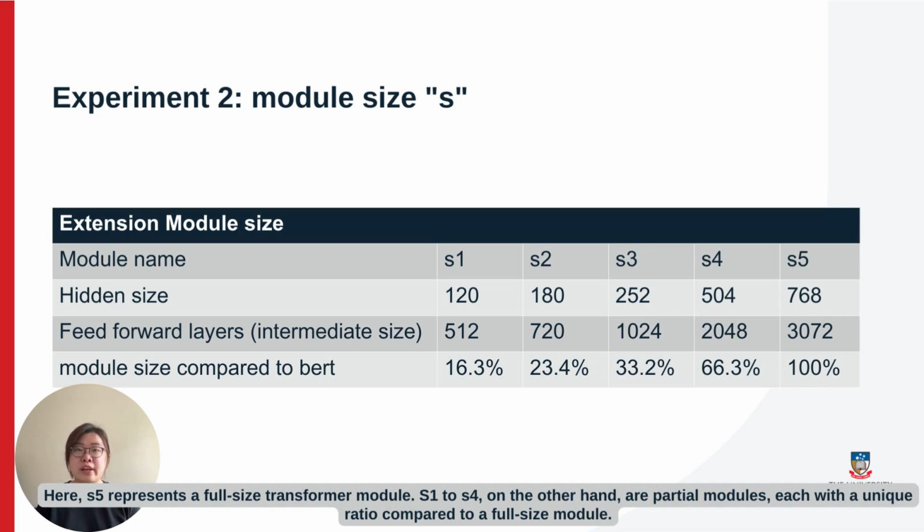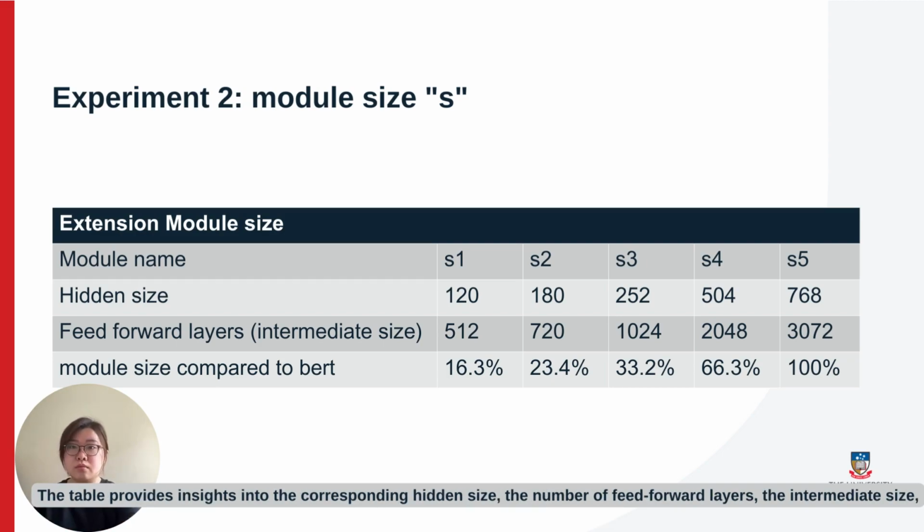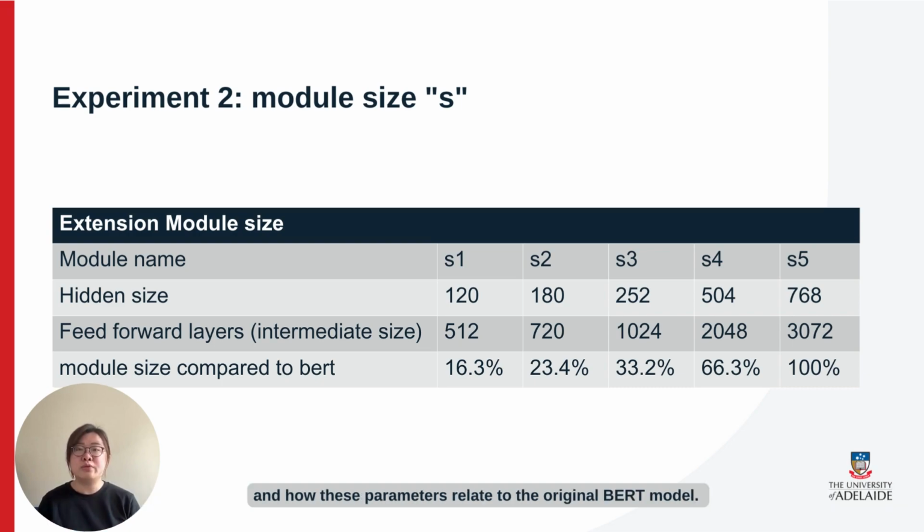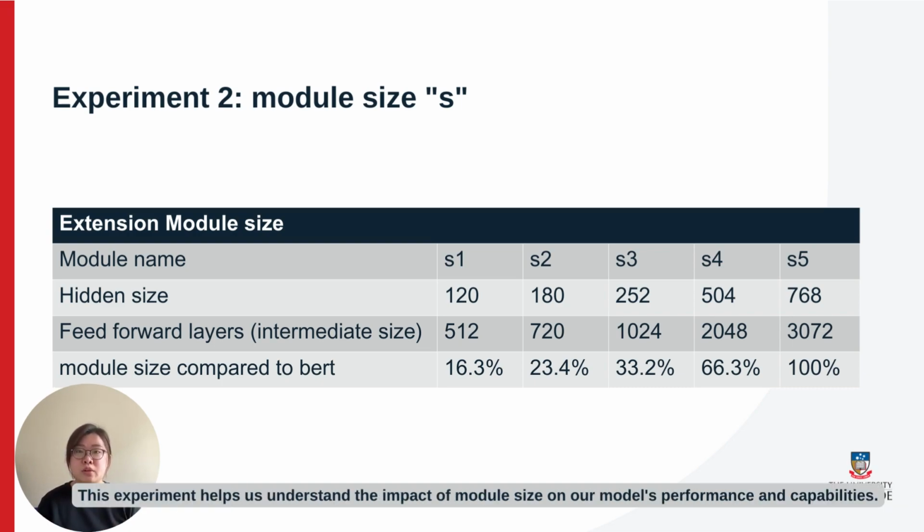S1 to S4, on the other hand, are partial modules, each with a unit ratio compared to a full-size module. The table here presents insight into the corresponding hidden size, the number of feed-forward layers, the intermediate size, and how these parameters relate to the original BERT model. The experiment helps us to understand the impact of module size on our model performance and capabilities.